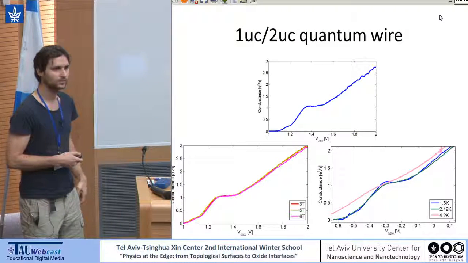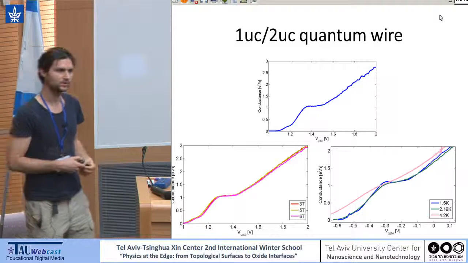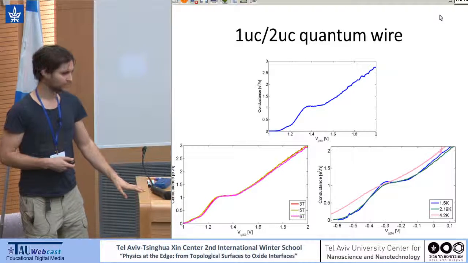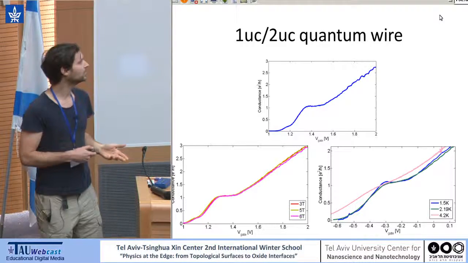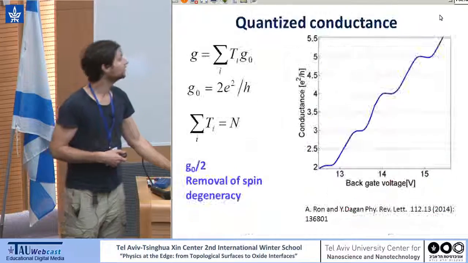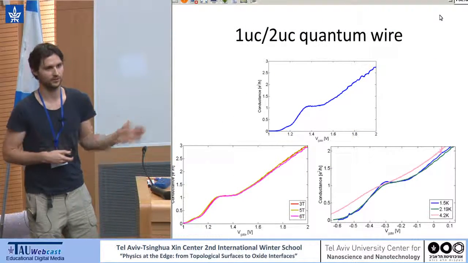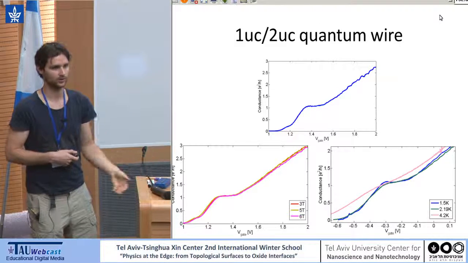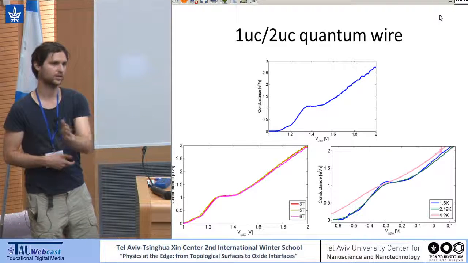Why do you have the conductance jumping by 1 quantum unit? So if I have what? You say you have parallel wires. Okay, so you have many chunks of wires. Okay, so, well, it could be attributed to one of two things. Maybe only one wire works and the others don't work, and this wire gets repopulated by more and more channels, or the wires are opening one by one.